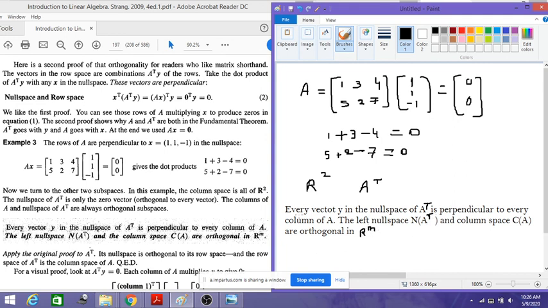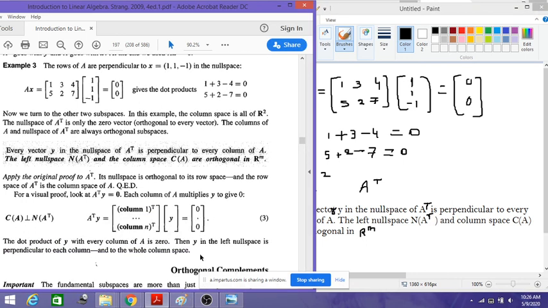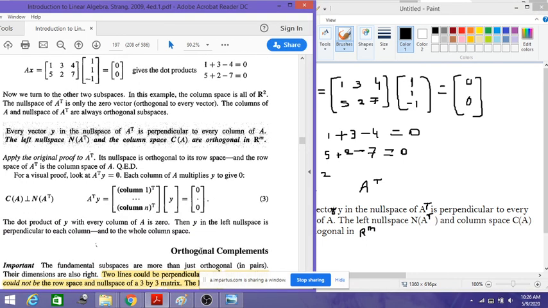If you look into the definition once again, every vector y in the null space of A transpose is perpendicular to every column of A. So the left null space, that is the null space of A transpose, and the column space of A are orthogonal in R^m.